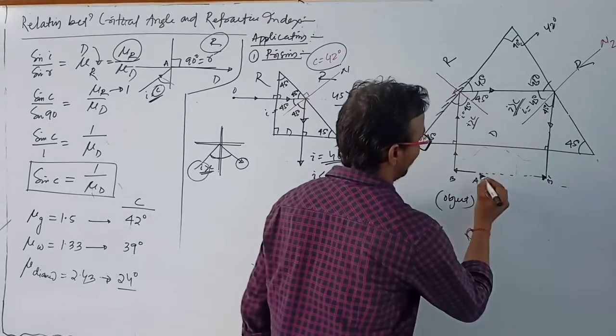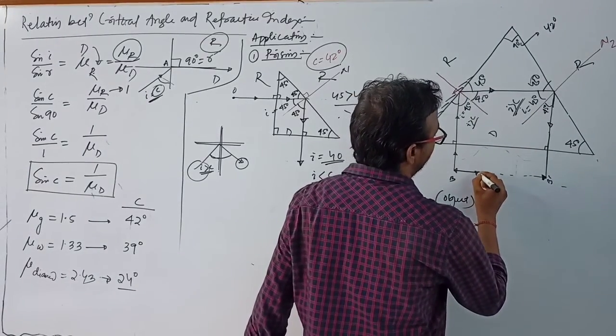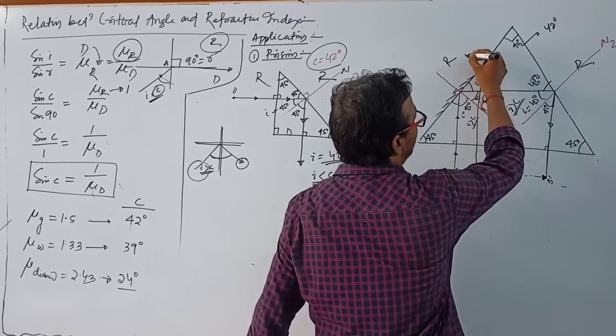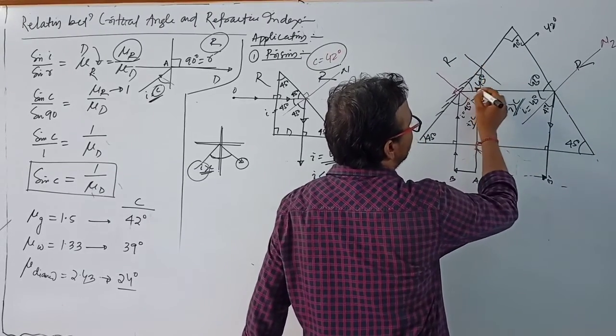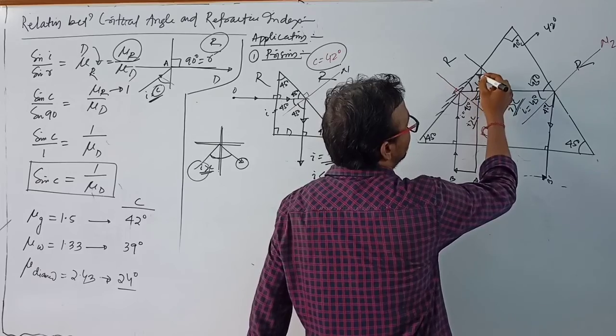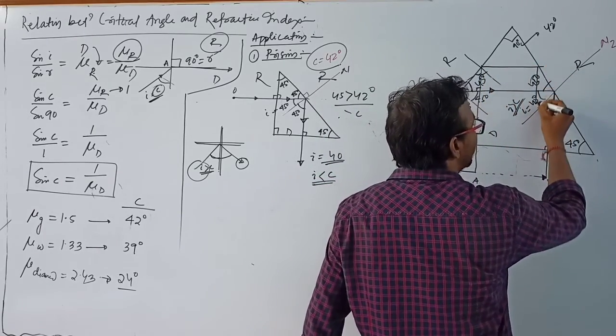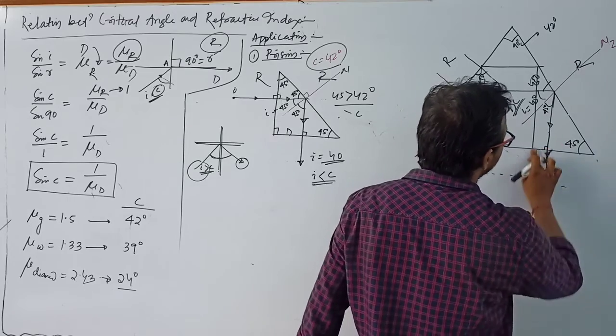Again, the ray traveling from point A, similarly you can write from this A, in this direction. Now you have to draw a normal here. This angle is 90, this angle 45 and this angle is 45. So it travels in this direction and again in this direction.